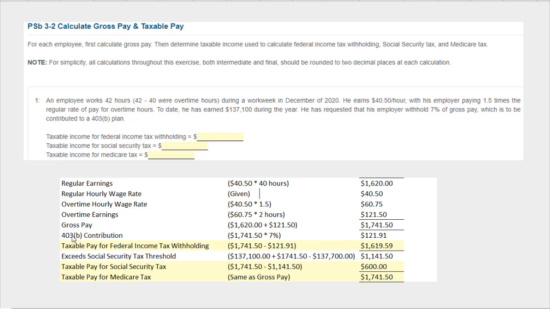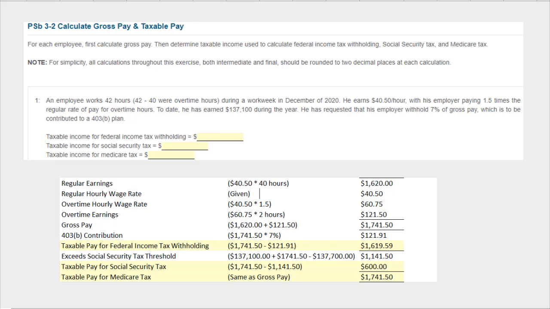And here we have the 403B plan, that's the retirement plan, and the taxpayer takes 7% out of gross pay. So 7% times the gross pay amount comes out to $121.91. And is this amount taxable when the taxpayer takes money out?